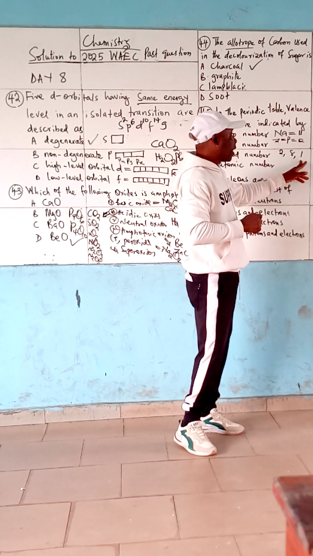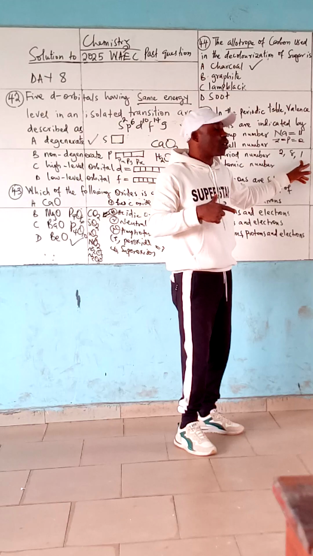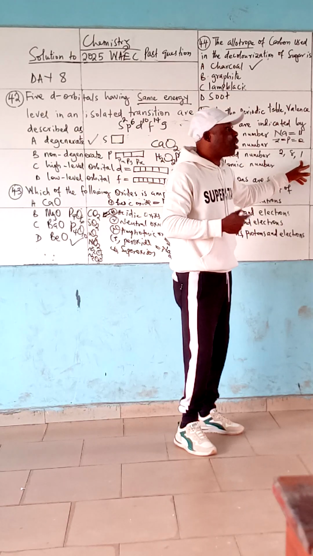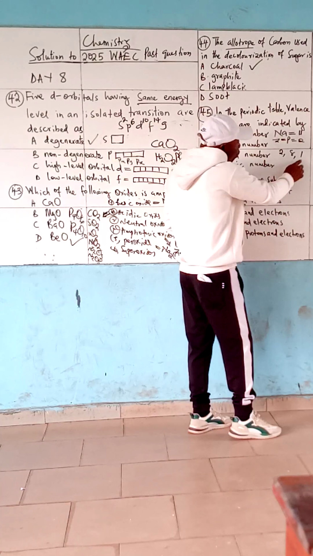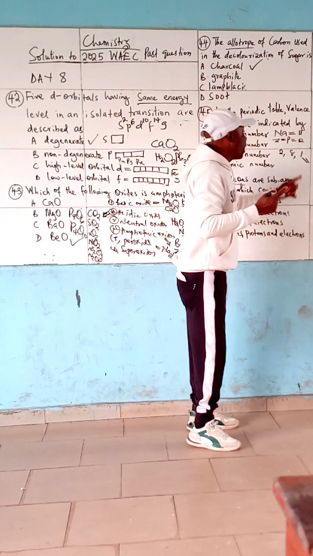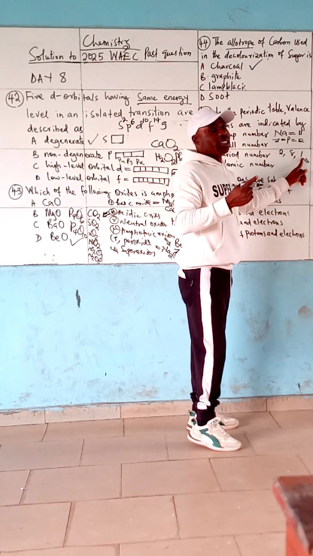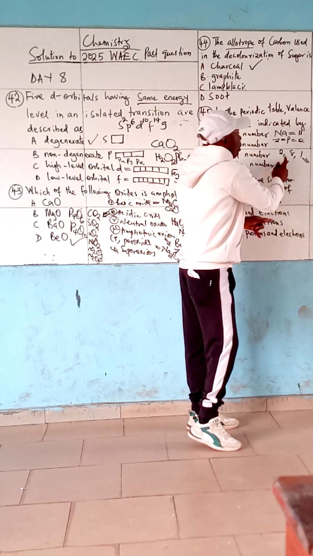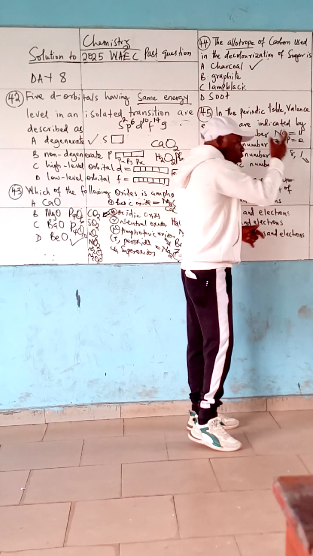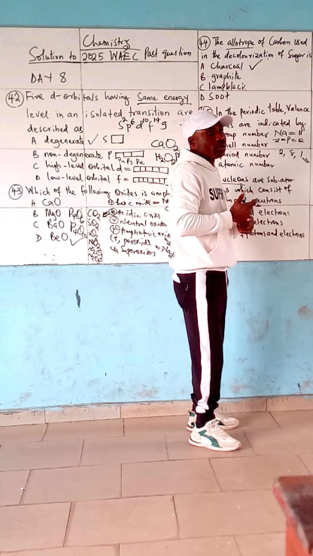So any electron at that outermost shell can also be called a valence electron, or the outermost electron. The valence electron of an element indicates the group of that element, while the number of electron shells indicates the period of an element in the periodic table.